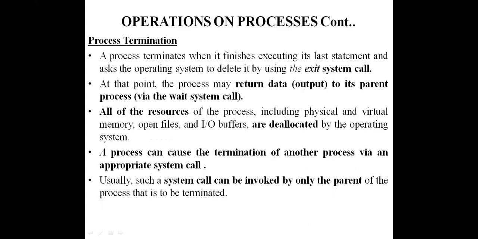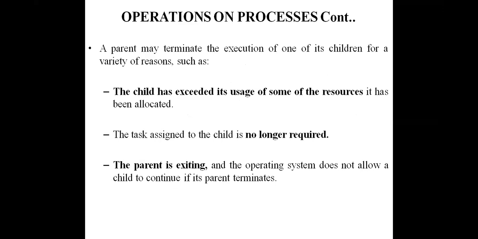And the next one, process termination. The exit system call is used to terminate the process. One more point you need to understand: whenever you terminate a process, automatically all the resources are deallocated. And next, a parent process can terminate the child process, but a child cannot terminate the parent process.